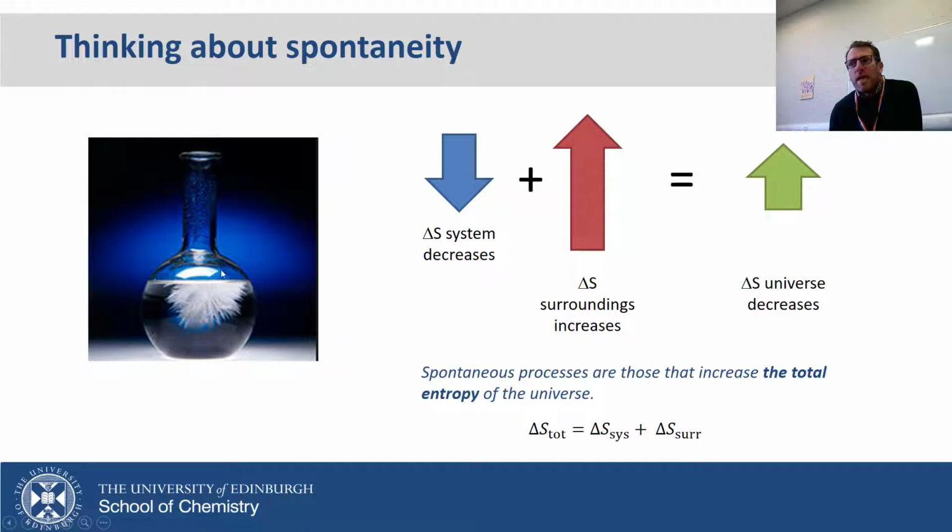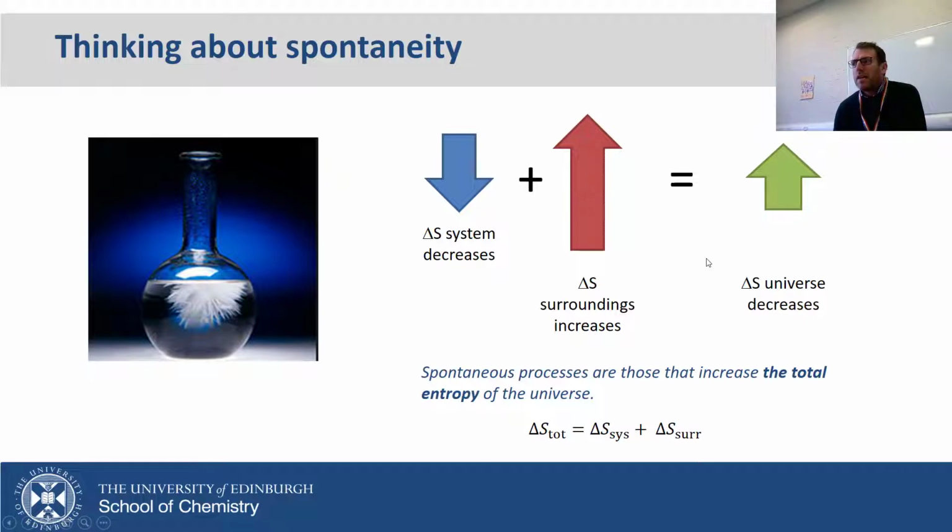So yes, we may have situations, and we very often do, where the entropy change of the system decreases, but that in turn, if it's a process that's feasible according to the second law, must mean that the entropy change of the surroundings increases to a larger extent, so that the overall entropy change of the universe, system plus surroundings, increases.